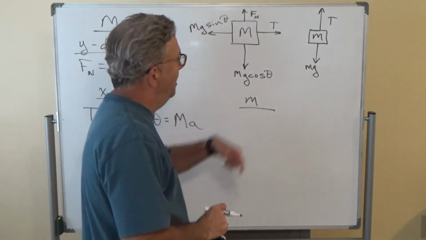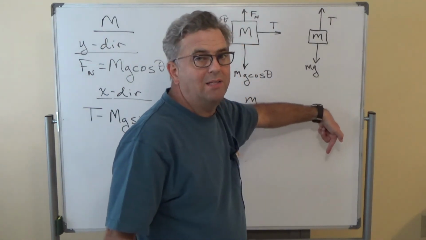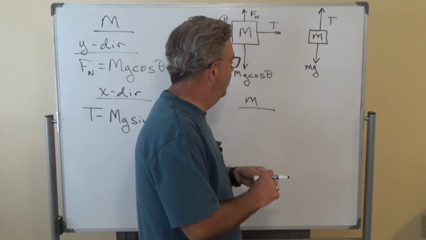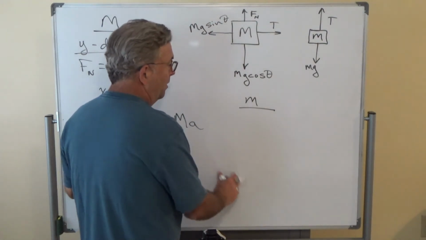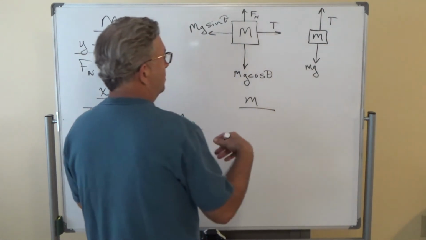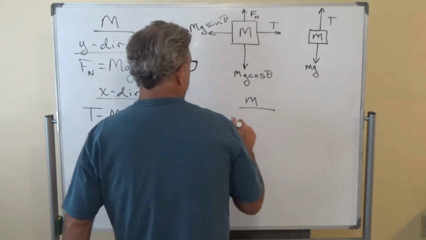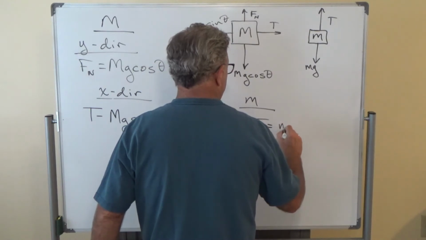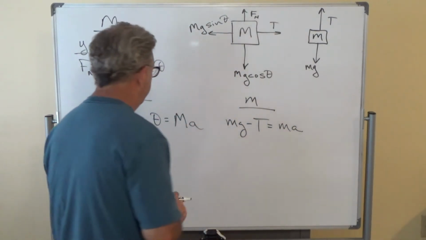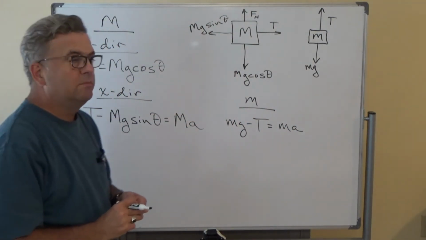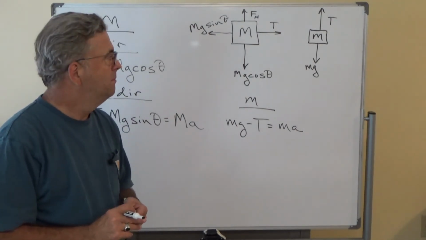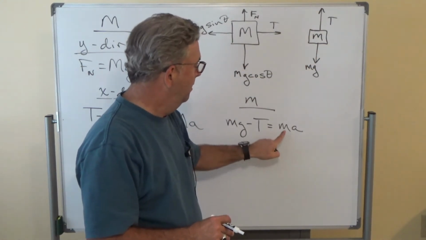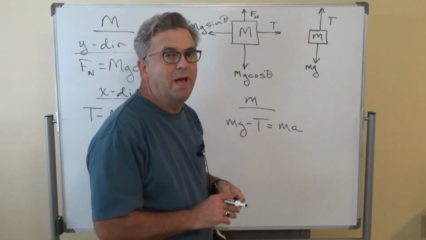I said that I'm going to make that acceleration positive going this way. So for little m in its y direction, it only has one direction, so it really doesn't matter what you call it. You have mg minus T is equal to little ma. Net force, that's mg minus T, and that is equal to little ma.